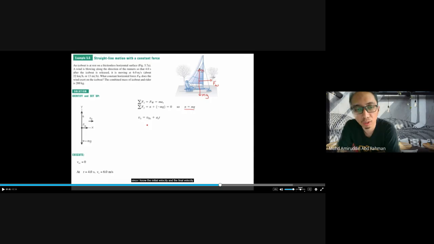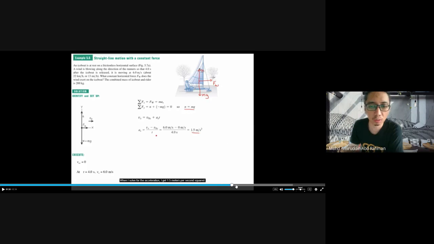So our v naught x will be 0, and then vx is 6 meters per second. So we put 6 meters per second, and that will be equivalent to ax t. So 6 divided by 4, what we obtain is 1.5 meters per second squared. So that is our acceleration.